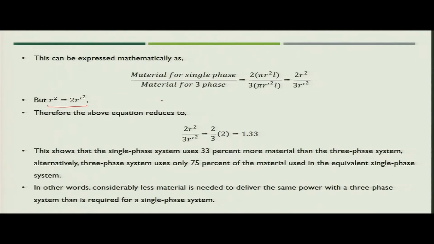If you put this value in this expression, 2 by 3 we can take out, and R square divided by R dash square is simply replaced by 2. So, we get the ratio of material for single phase to material for 3 phase equal to 1.33.